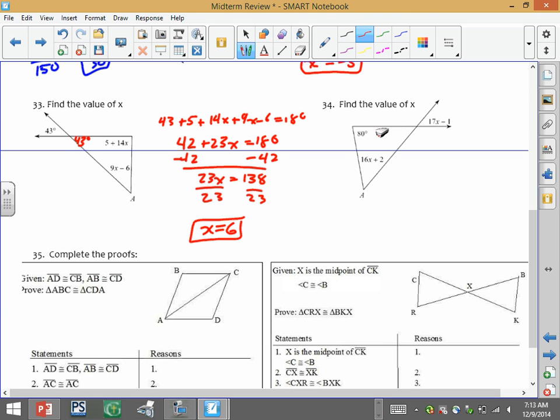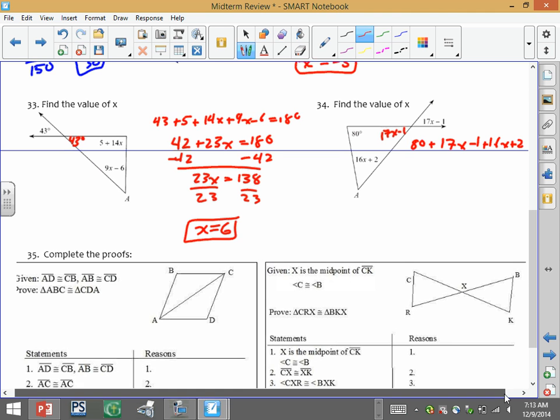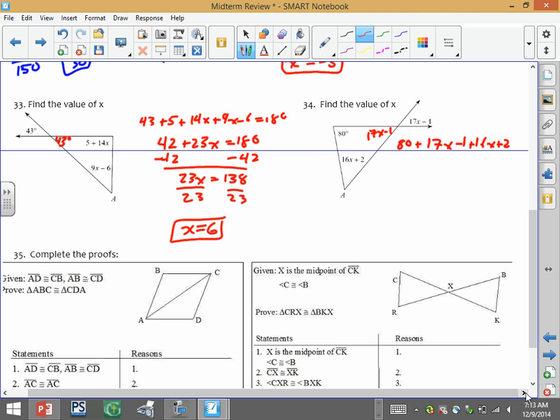And then one more example, using a vertical angle again. 17x minus 1 comes inside. So we have 80 plus 17x minus 1 plus 16x plus 2, and that equals 180. Let's go ahead and combine some like terms. So we have the 80, minus 1 plus 2, so we have 81. 17x plus 16x will be 33x, so 81 plus 33x equals 180.